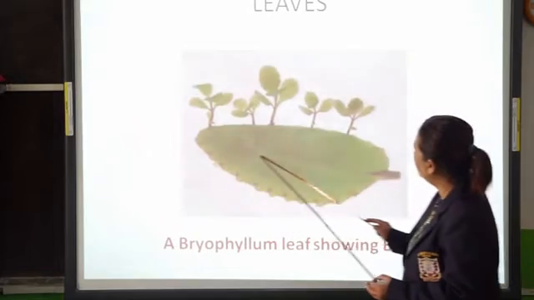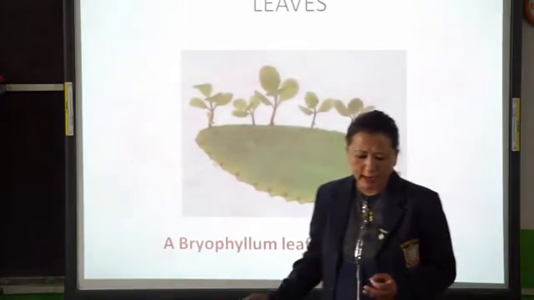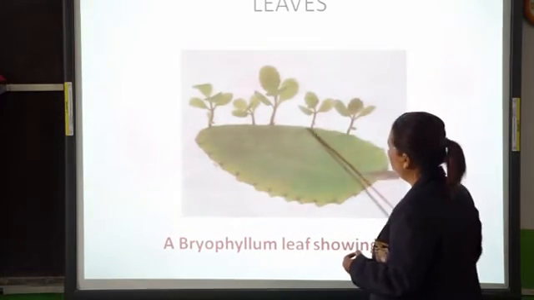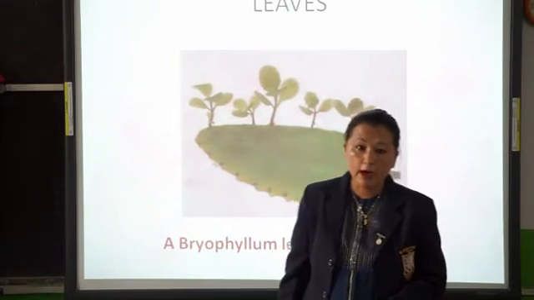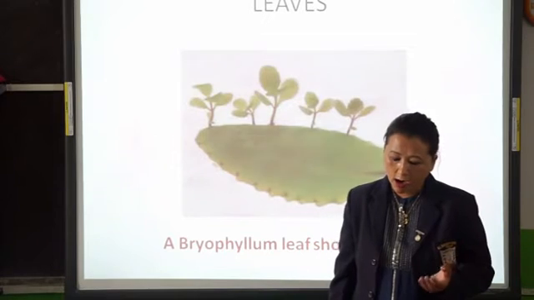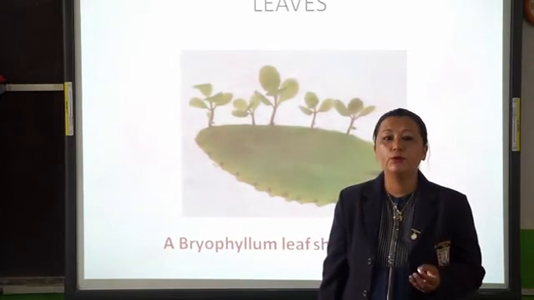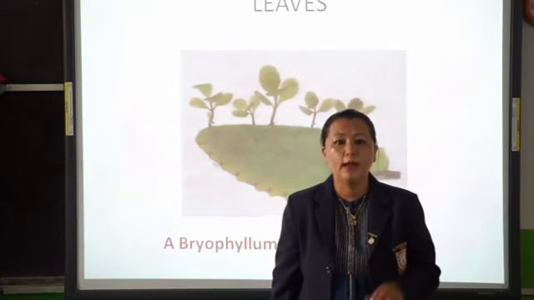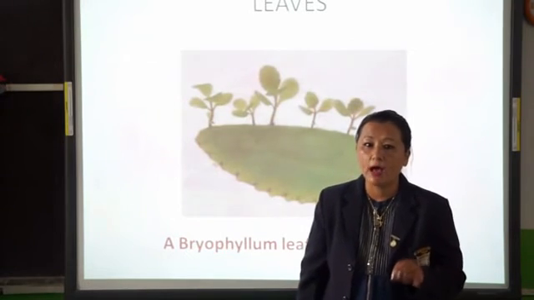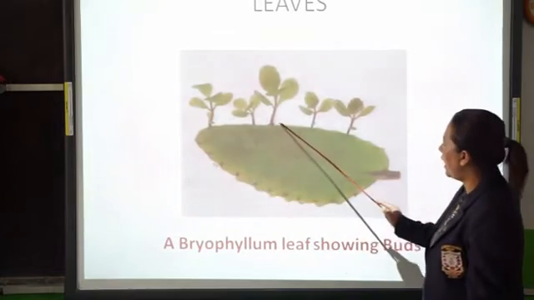You can see here, these plants have very thick leaves and have buds at the edges. Now, when this leaf dries and falls on the moist soil, the buds grow into a new plant. So, this is the reproduction from leaves, where the example is bryophyllum.